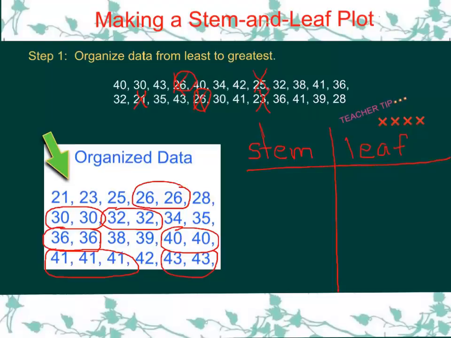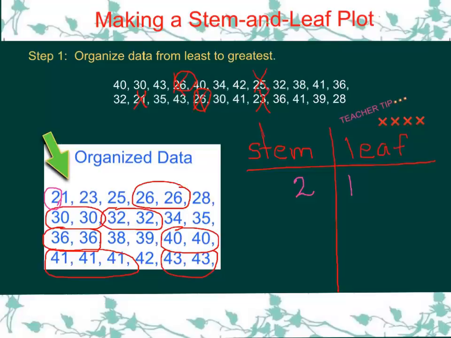On the left, we're going to record the first digit of each of the numbers. So the first one we have here is 21, so we will begin by recording the 2. The second digit is going to go underneath the leaf, so we would place the 1 in the column under the leaf.